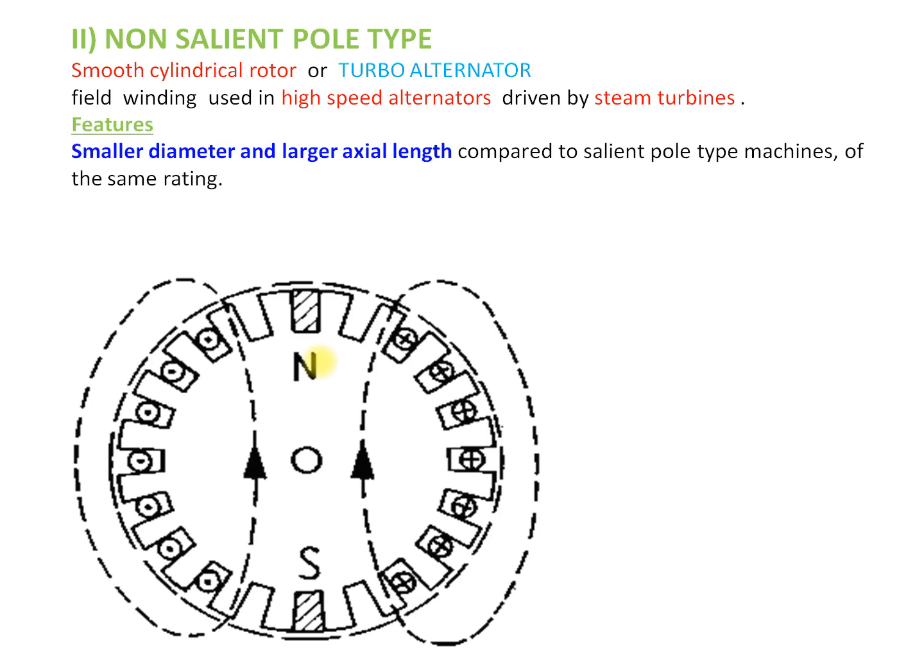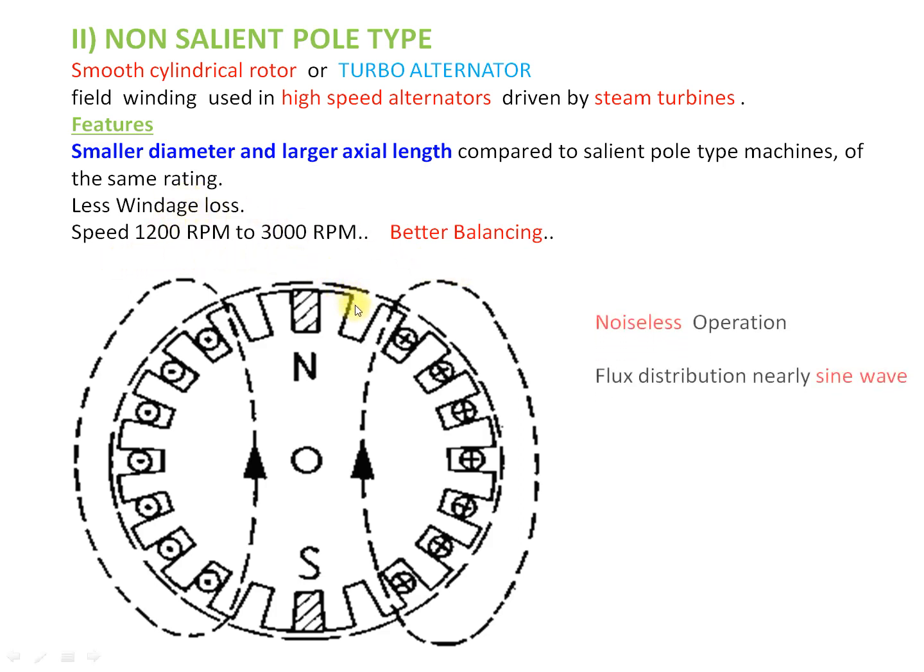Since these are very light in weight, this kind of rotor can be designed with the smaller diameter and the larger axial length, so that the windage losses will be less, and the speed can be obtained from 1200 rpm to 3000 rpm, and better balancing will be maintained.